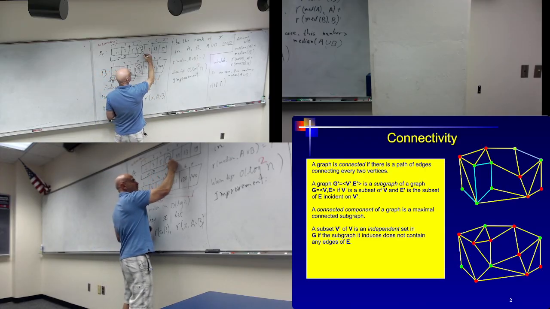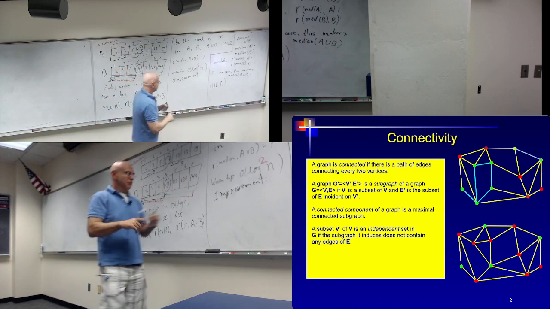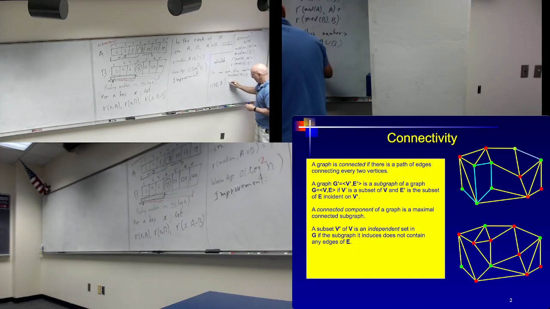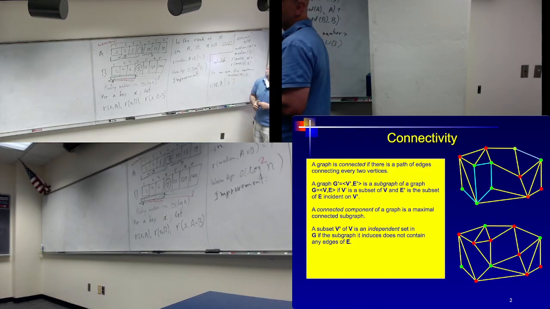And maybe a few here. So if the rank of 18 at A is larger than or equal to the global median, which helps me in which way?